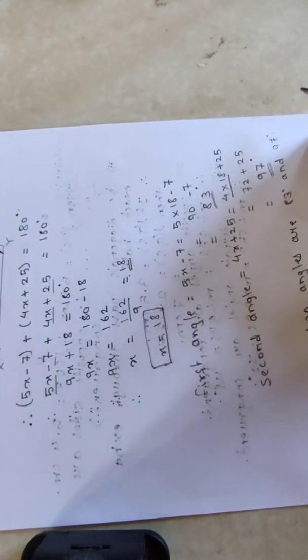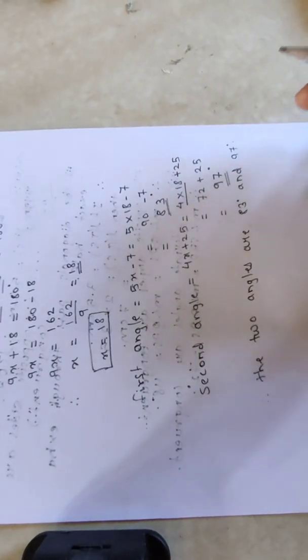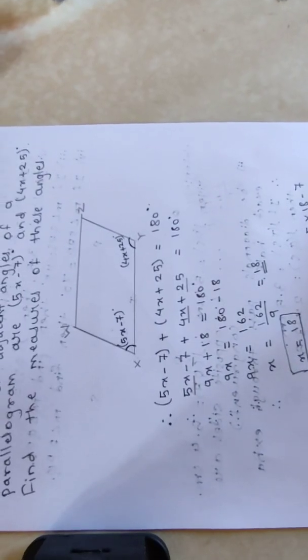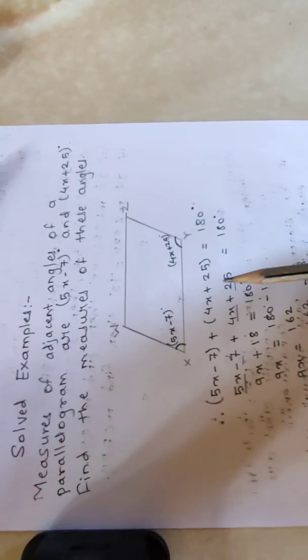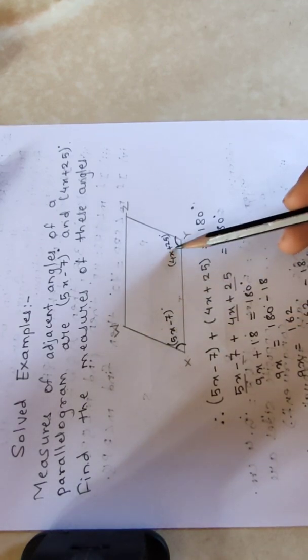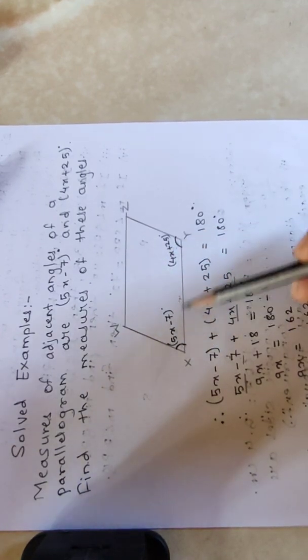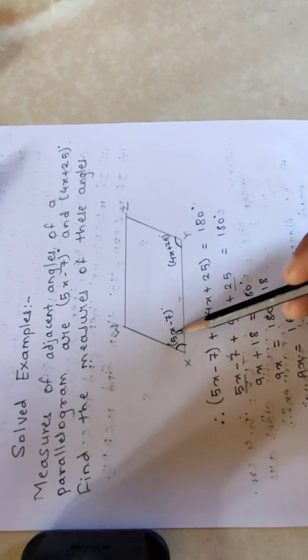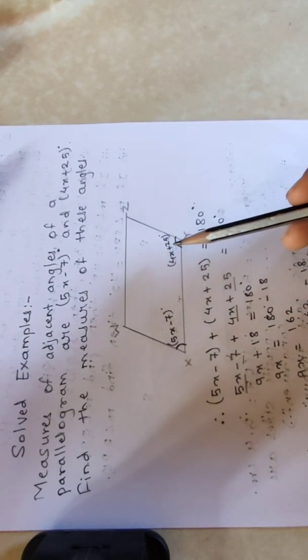Now children, we have to check whether whatever we have solved is correct or not. According to the figure from the given example, both the angles are adjacent to each other. So they are forming together an angle of 180 degrees. Addition of two angles will be 180 degrees.